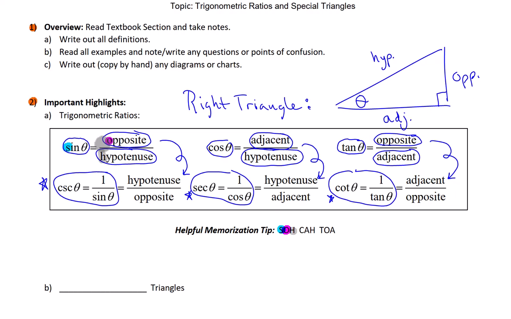So since sine equals opposite over hypotenuse, as we saw in our ratio, then we could say S equals O over H. That is the first letter in each of those words. If you put those together, it's not a real word, but it's a kind of acronym or mnemonic device that spells S-O-H, pronounced so.